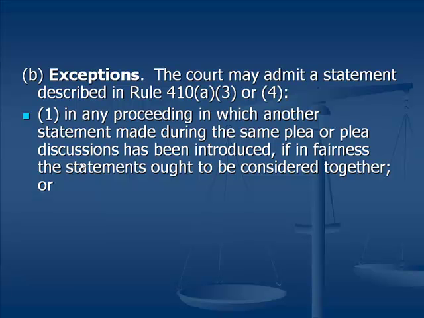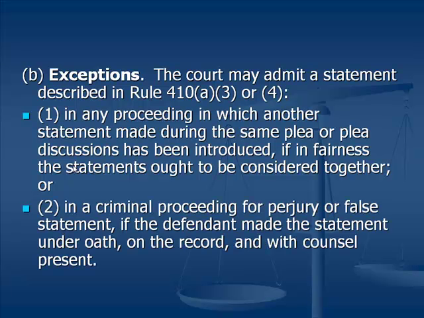Then the prosecutor may use this exception to introduce a statement against the defendant, because in fairness they should be considered together. The second exception allows statements to come in when the defendant is charged with perjury or false statement. There are two very narrow exceptions. Otherwise, this evidence does not come in.